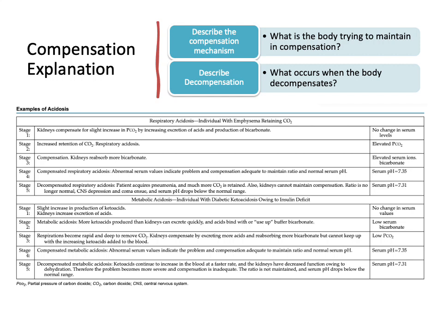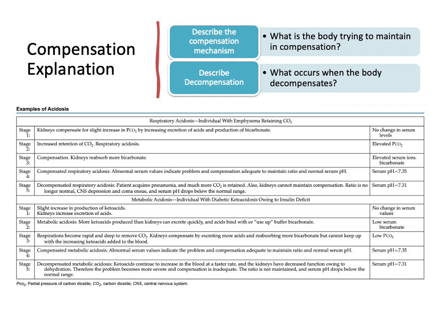This buffer system is really efficient. It's long term because it happens in the kidneys, but it is very, very efficient. But again, compensation is not meant to be a long term fix. It's only the body's effort to hopefully correct itself until intervention is completed.